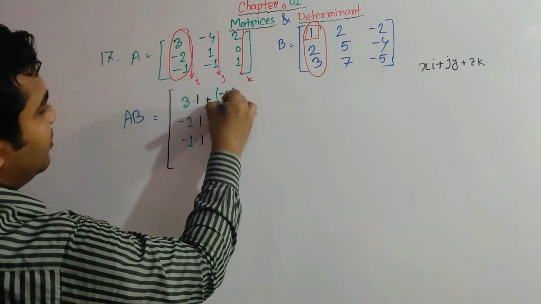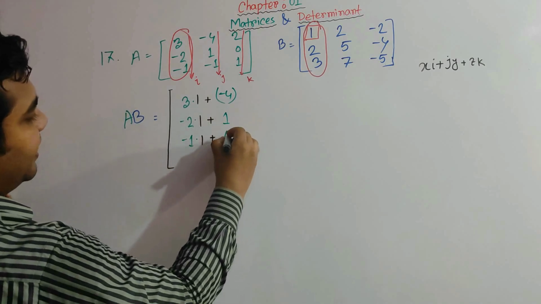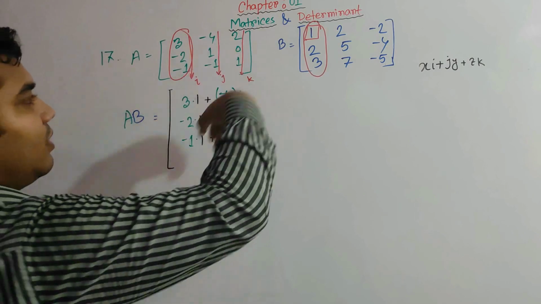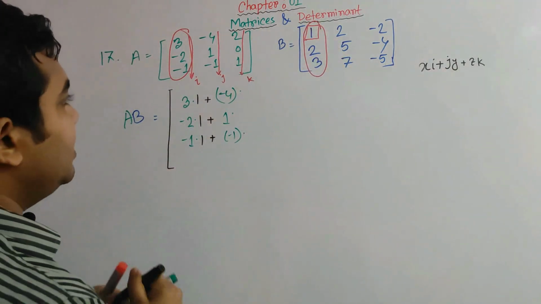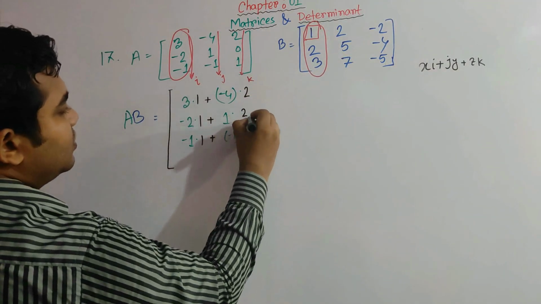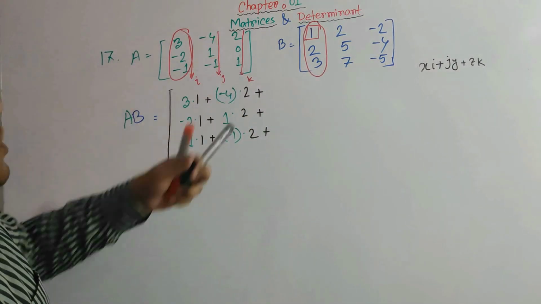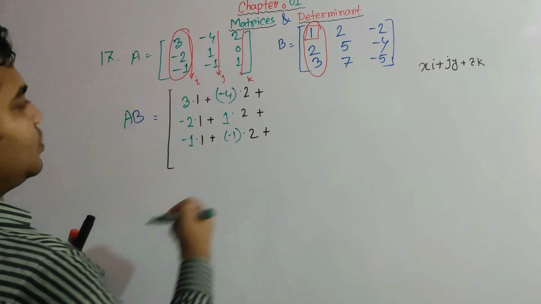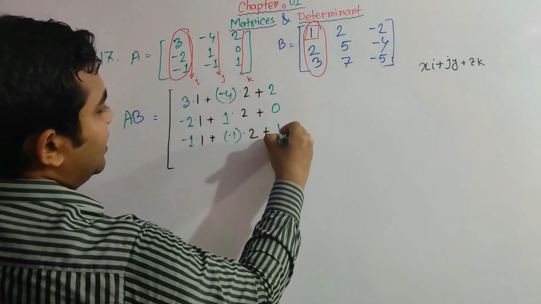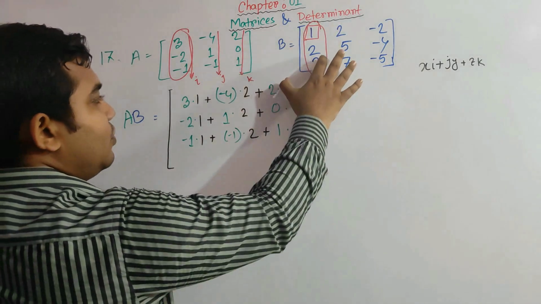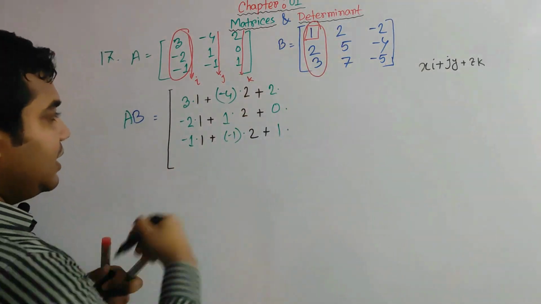Minus 4, 1, minus 1. This should be multiplied with what? We are always thinking column-wise, so it should be multiplied with 2. Now take plus, and then we get 2, 0 and 1. We have already completed 2 things. Now we are multiplying with 3.